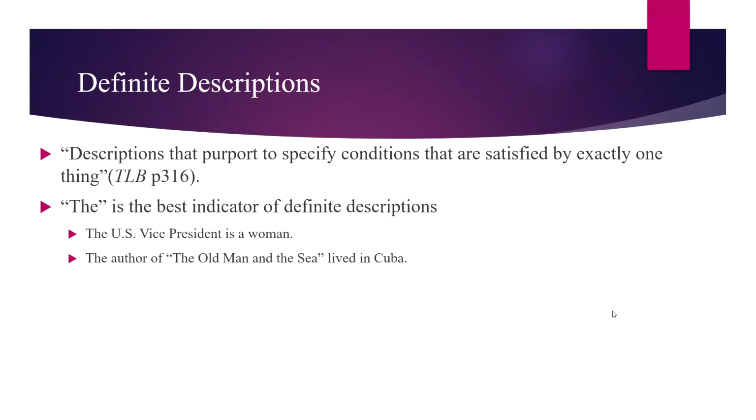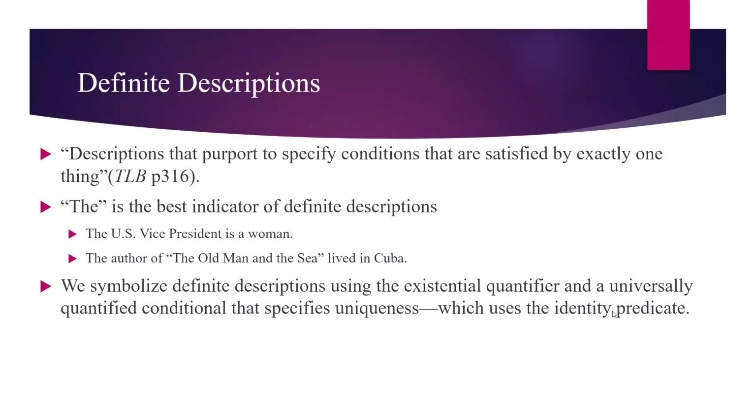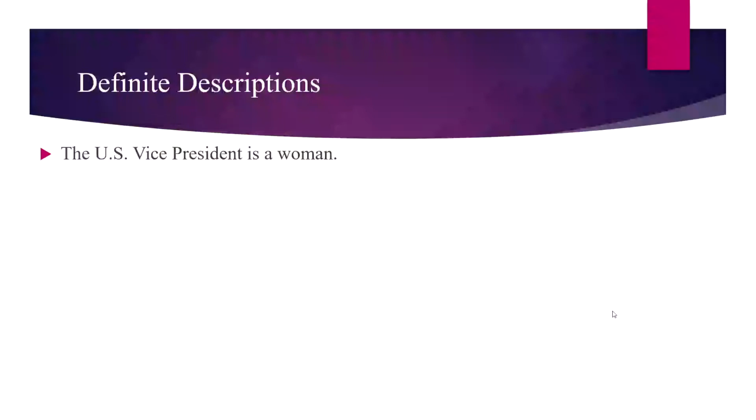The same is true for the author of The Old Man and the Sea lived in Cuba. We symbolize definite descriptions using the existential quantifier and a universally quantified conditional that specifies uniqueness. That's what we need the identity predicate for in definite descriptions. I'm going to talk about that uniqueness clause as we go through these two examples.